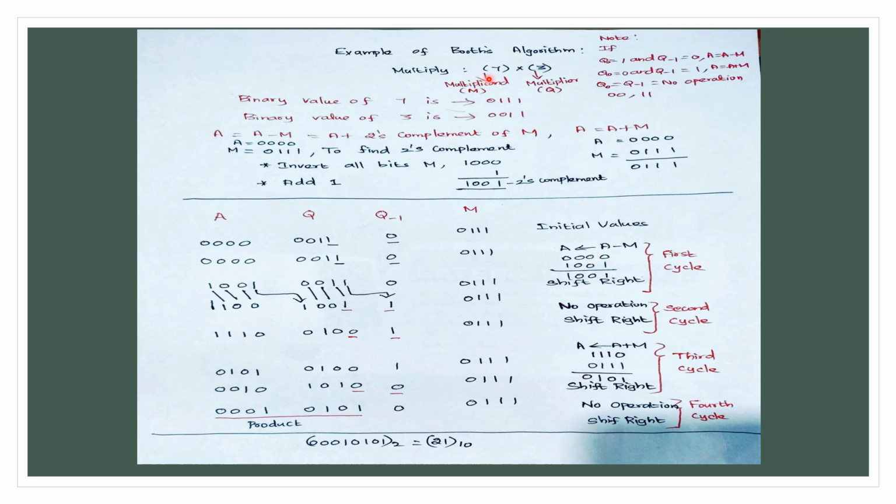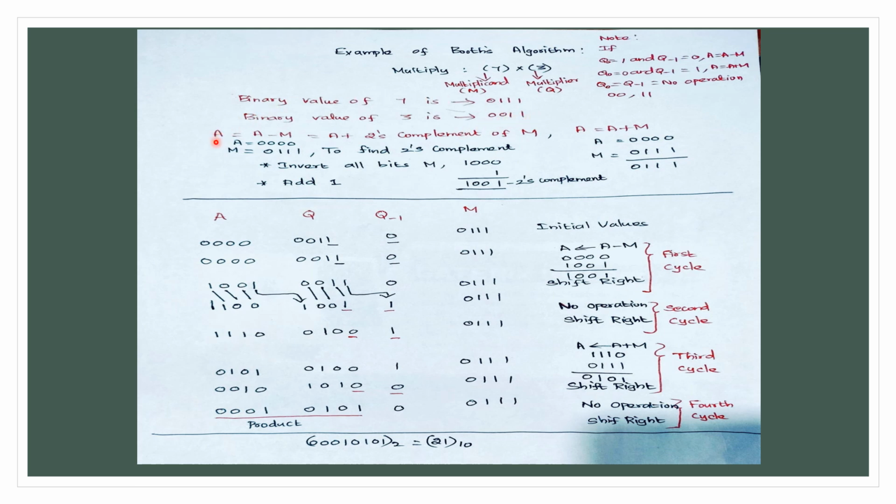So here the multiplicand value M is 7, the multiplier value is Q. The binary value of 7 is 0, 1, 1, 1. It is the binary coded decimal form. Then the binary value of 3 is 0, 0, 1, 1.